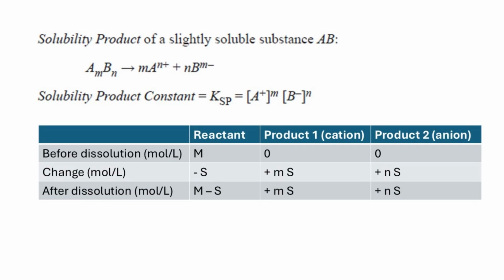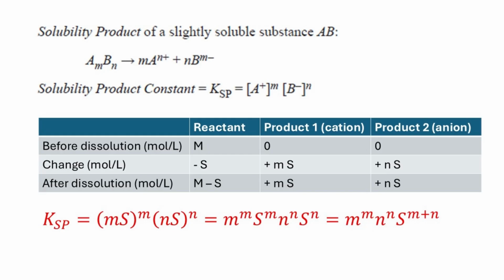After the solid salt is added to the water, until equilibrium is reached, S moles of this solid salt is dissolved, marked by a negative change for this reactant. At the same time, according to the stoichiometry of the dissolution reaction, Ms moles of the cation ions are produced and Ns moles of the anions are produced.